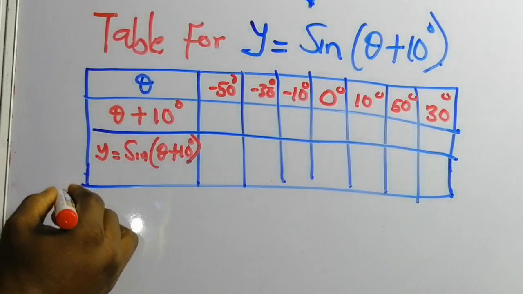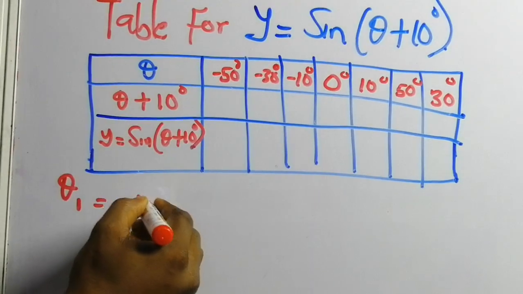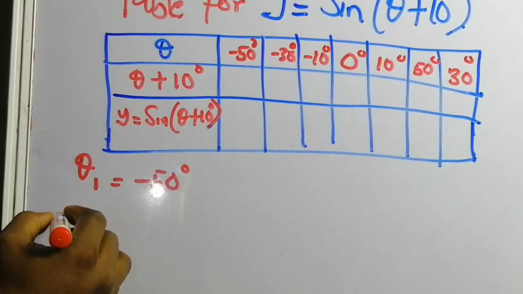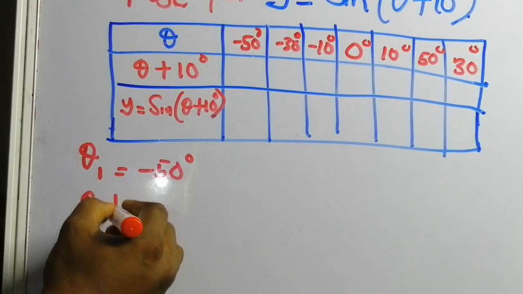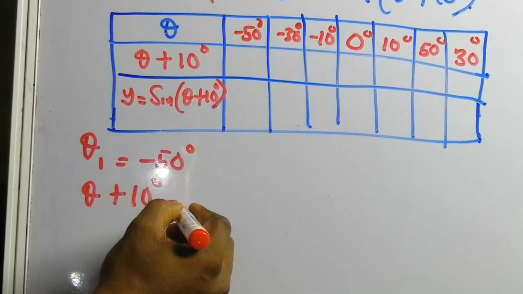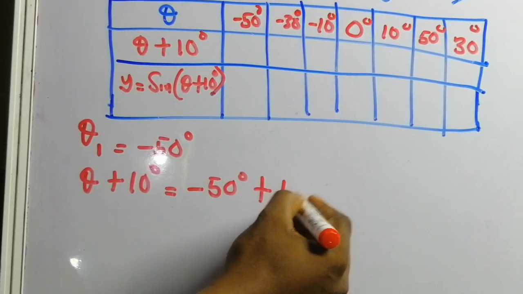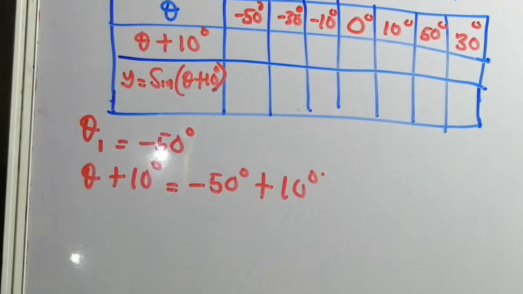Now look at this very well. If your first theta, theta 1, equals minus 50 degree, you can press your calculator here. It's permitted. So it means theta plus 10 degree equals minus 50 degree plus 10 degree. Very simple.